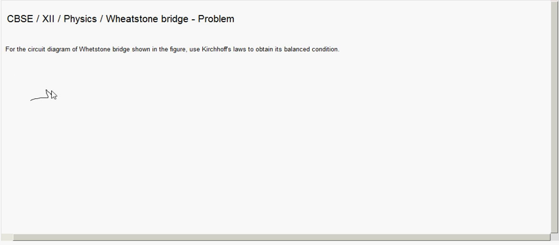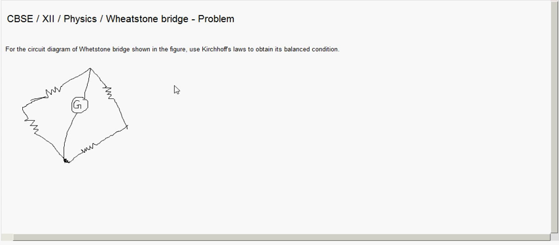Now the circuit diagram is the circuit of Wheatstone bridge. Galvanometer, and R1, R2, R3, R4.